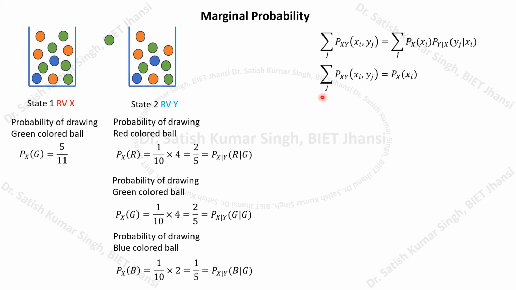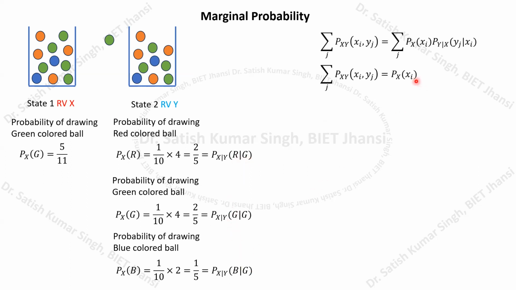Here we are actually changing the index j in this summation. When this index j is changing, I can expand this expression. How many j's are possible here? The j's are nothing but these outcomes: it can be a red ball, a green ball, or a blue ball.